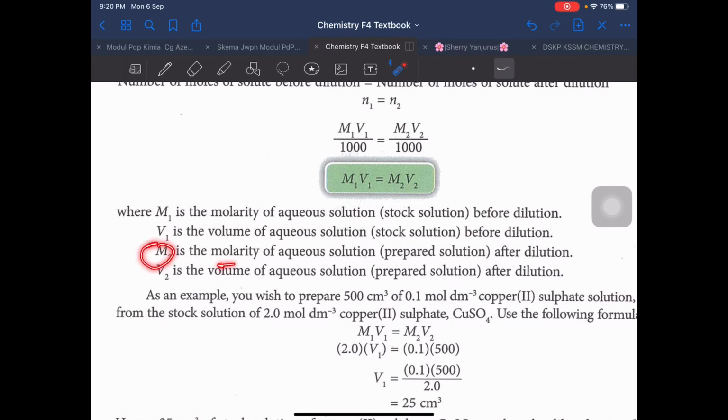M2, molarity of aqueous solution after dilution. This is the one that we prepare, yang kita mau sediakan. And V2 is the volume of aqueous solution after the dilution. M is for molarity, V is for volume. 1 is before, 2 is after. Selepas dan juga sebelum pencairan.